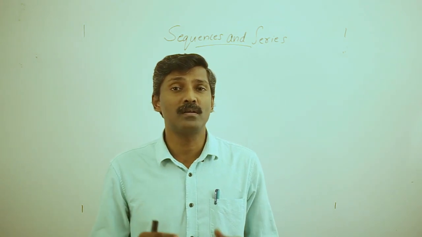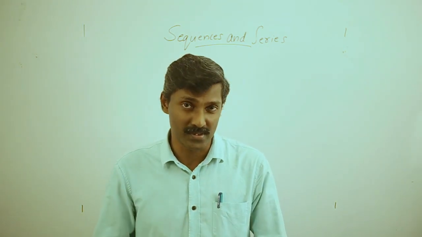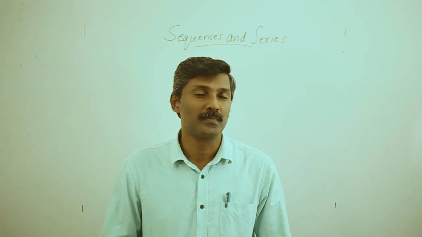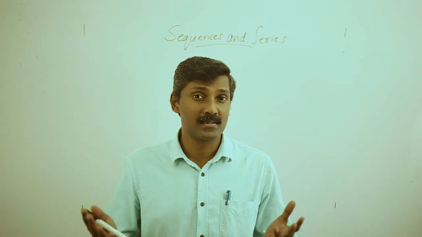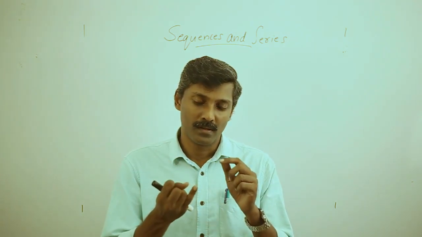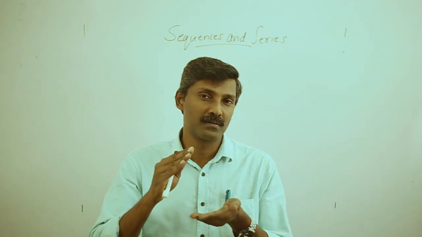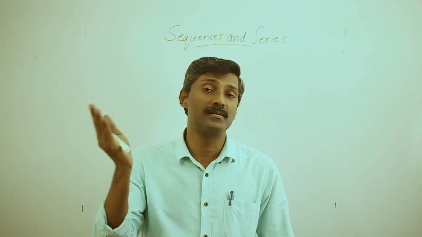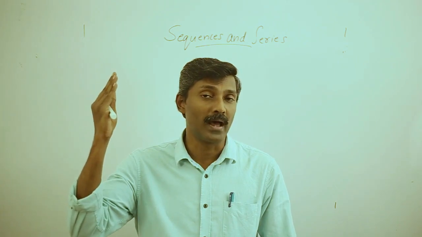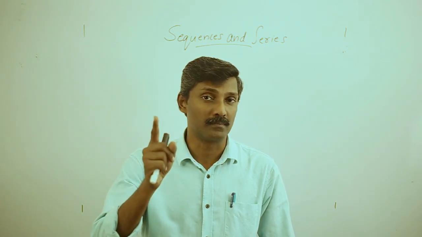The first thing is, what exactly do you mean by the word sequence? Suppose the same example that is given in your NCERT textbook. Suppose you take the number of ancestors. I mean, suppose for 300 years back, and for every generation, say the gap is 30 years. So that means for 300 years going back, you will have 300 divided by 30, that is 10 generations before you, right?